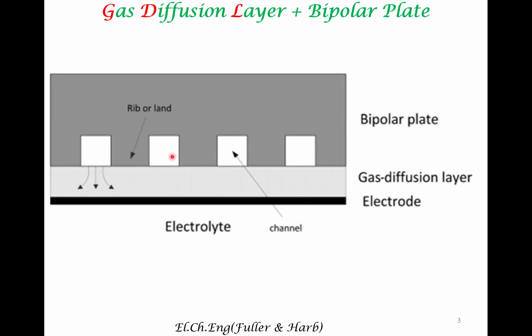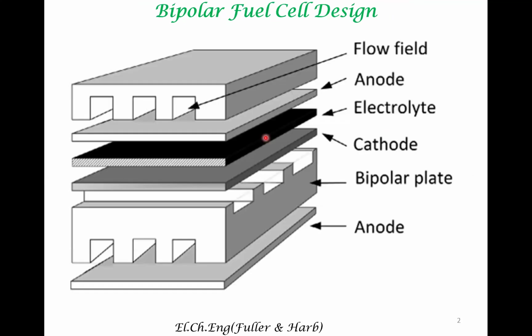Moving on. Okay, one more important aspect of a bipolar plate is that it should be a good conductor of electrons, right? That's the main thing. The role of a bipolar plate is to conduct electrons from one anode to the cathode, current from one side of the electrode to the other side of the electrode. So it should be a good electronic conductor.